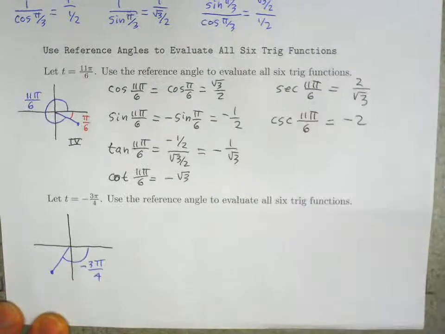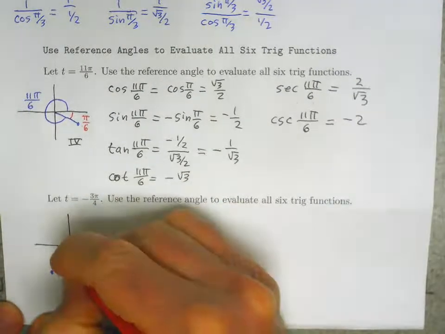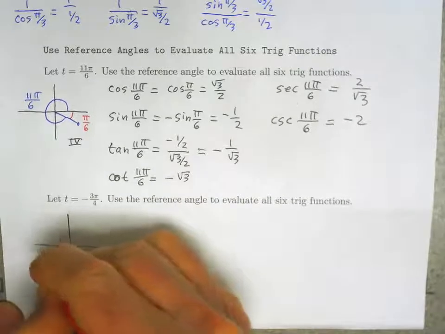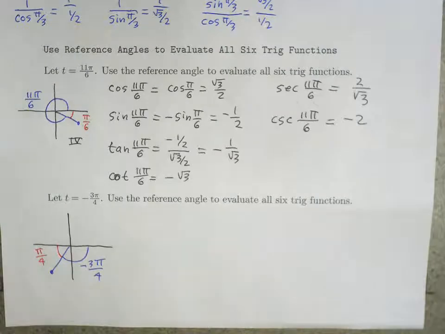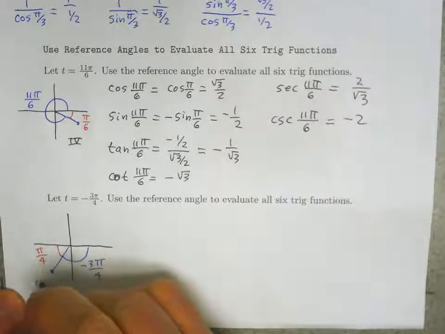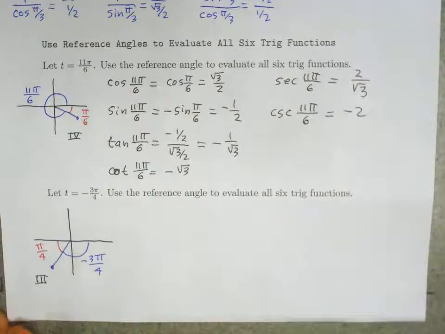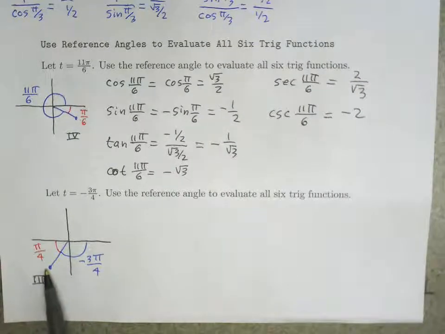And the reference angle is pi over 4, equivalent to 45 degrees. So in this third quadrant, sine is negative and cosine is negative.